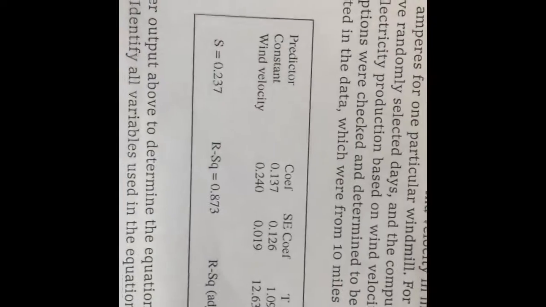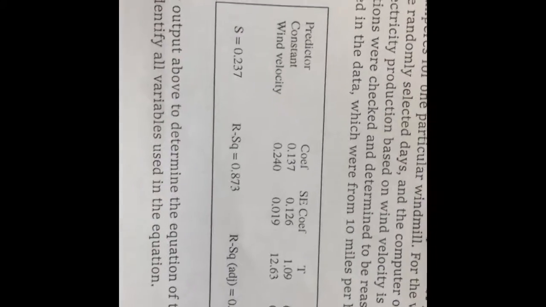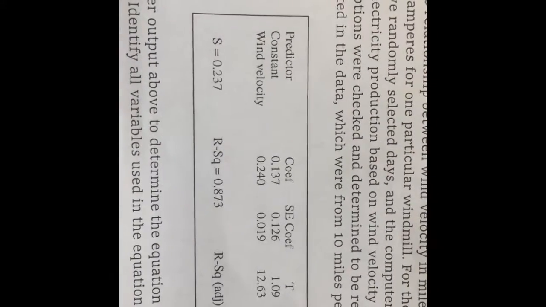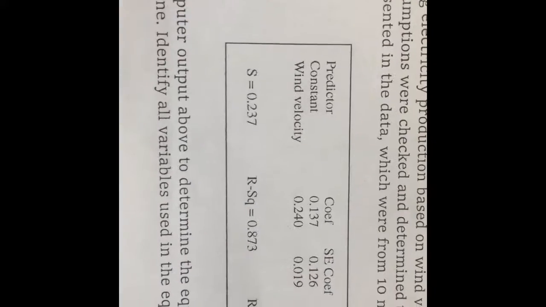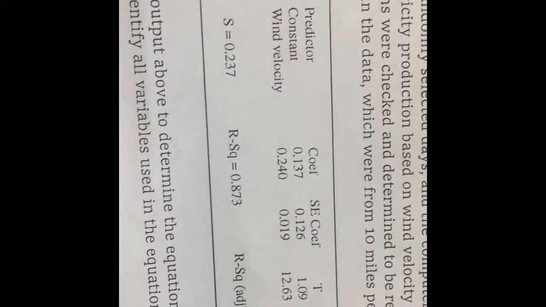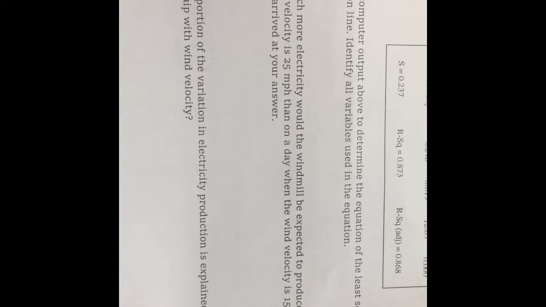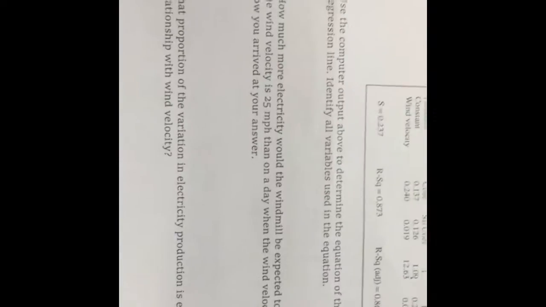So these are our values from the computer output. We have the coefficient, the SE coefficient, T, and the P. And then we have the S value, the R square value, and the R square adjusted. Question A says to use the computer output above to determine the equation of the least squares regression line. Identify all variables used in the equation.